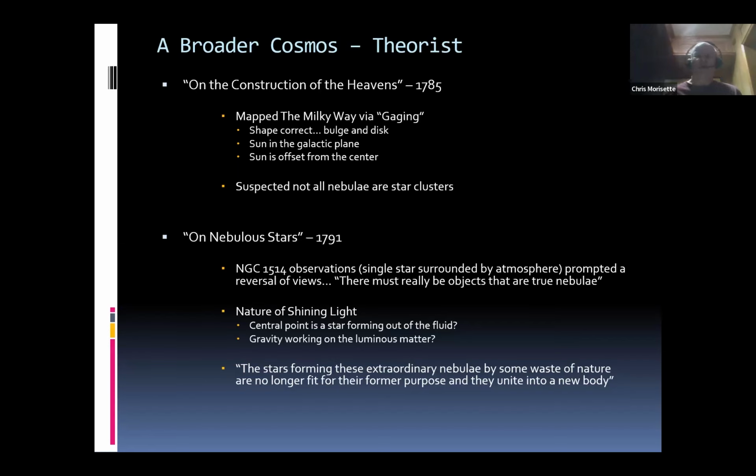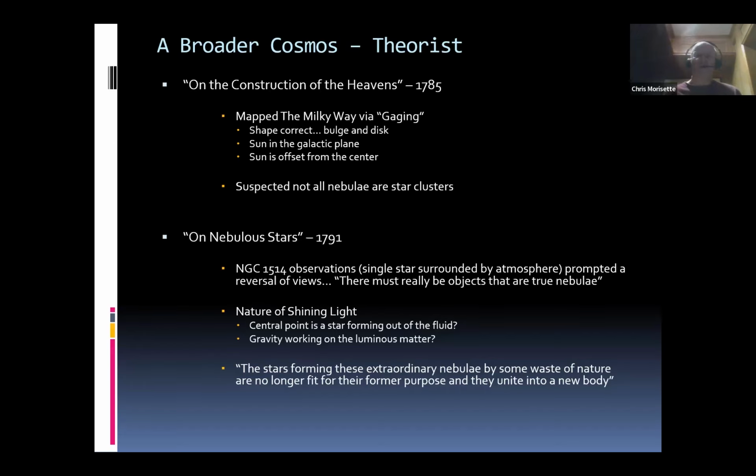When he talks about the nature of shining light, he's asking questions. Is the central point a star forming out of the fluid, or is gravity working on the luminous matter? So he's really beginning to touch in a big way on the life cycle of a star.